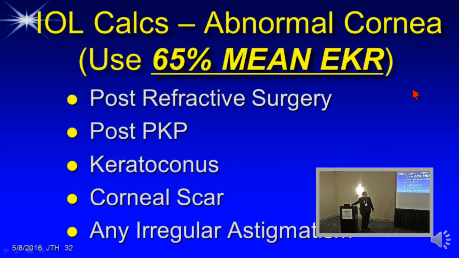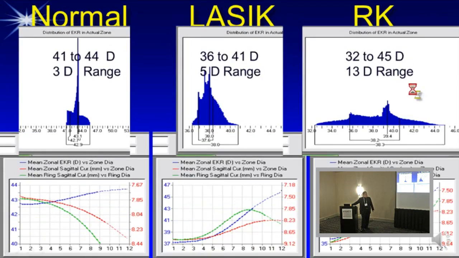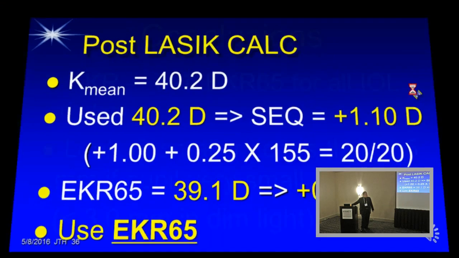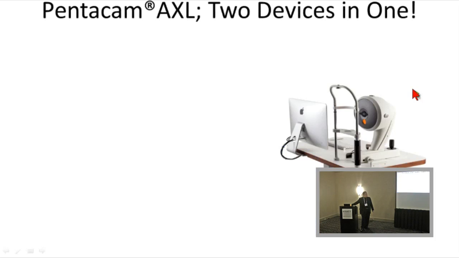So it works for all of these things: post-refractive, PKP, keratoconus, corneal scar. And those are the maps. And that's what we said there. We don't need to go through a real calculation.